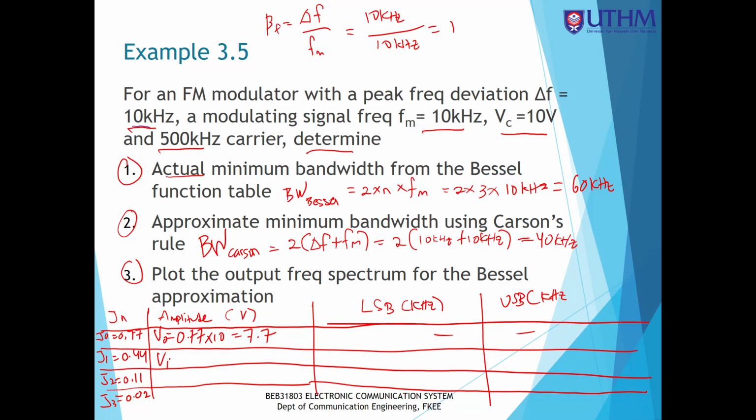Then V1 is equal to 0.44 multiplied by 10, so this is 4.4 volt, located at Fc minus Fm, which is 500 kilohertz minus 10 kilohertz, so we get 490 kilohertz.